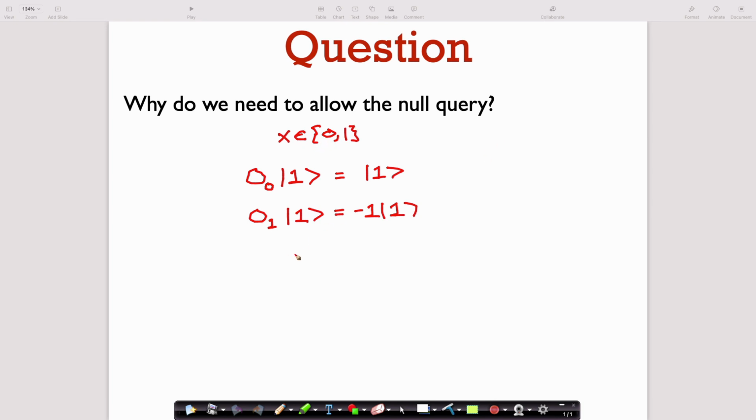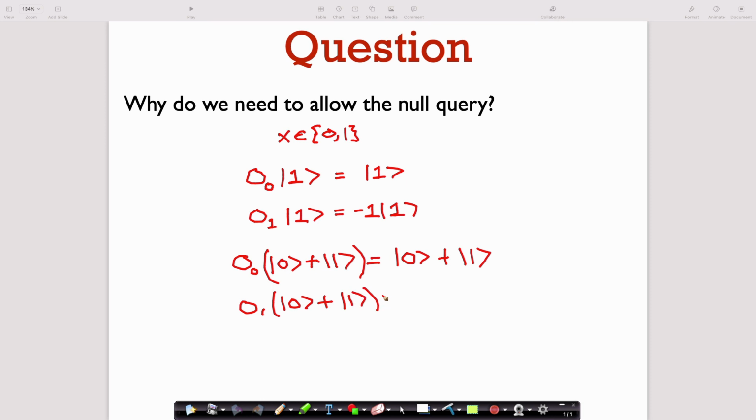On the other hand, when I have a null query, now my register has two possible values. It can be 0 or 1. I will just drop normalization here. Now when the input X is 0, this again is just going to act as the identity. But when the input is 1, then something different happens.